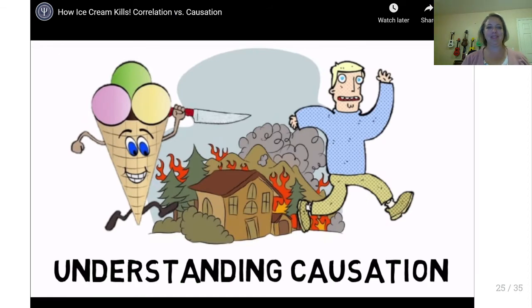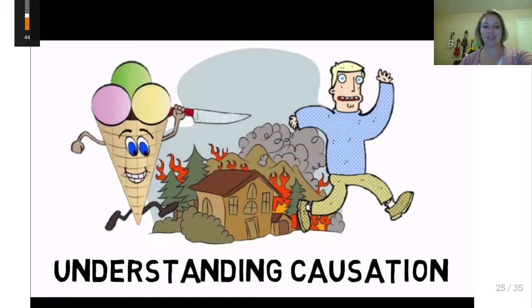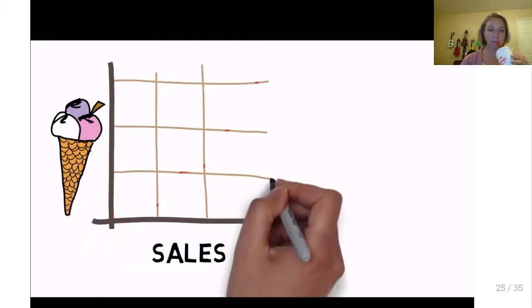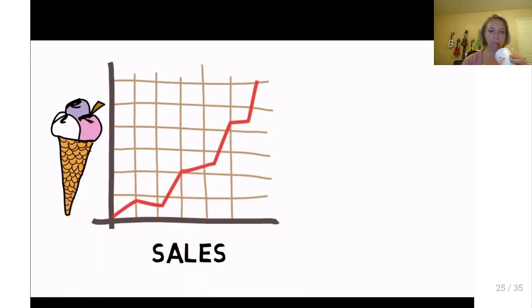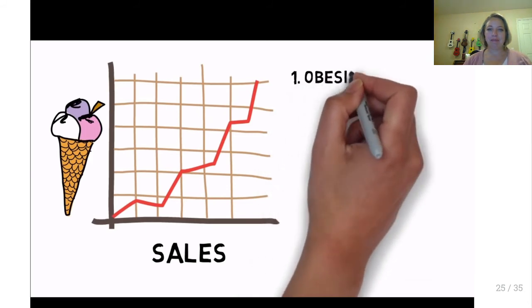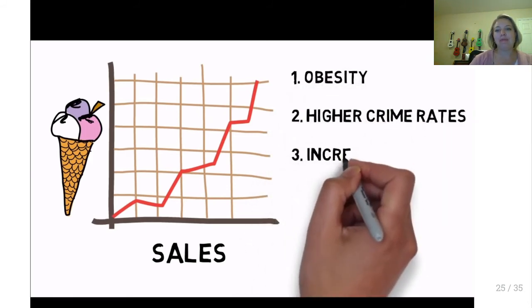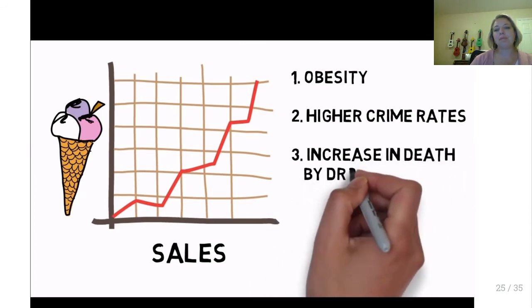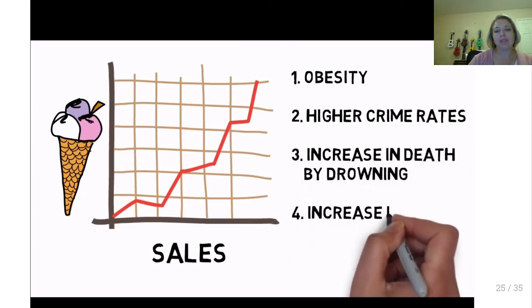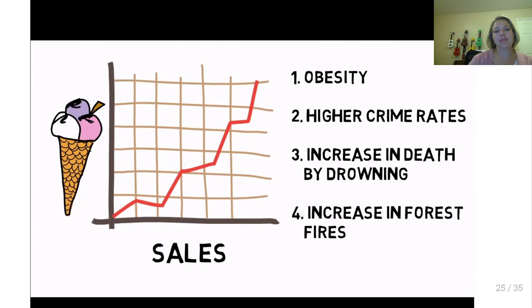People, I enjoy a tasty scoop of ice cream, especially Oreo blizzards. But what few people realize is how dangerous a treat ice cream has become. First, there's the issue of obesity. Second, there are higher crime rates. Third, there's the loss of life due to a rise in the number of drowning deaths. And finally, as more ice cream is sold, there's an increase in forest fires.